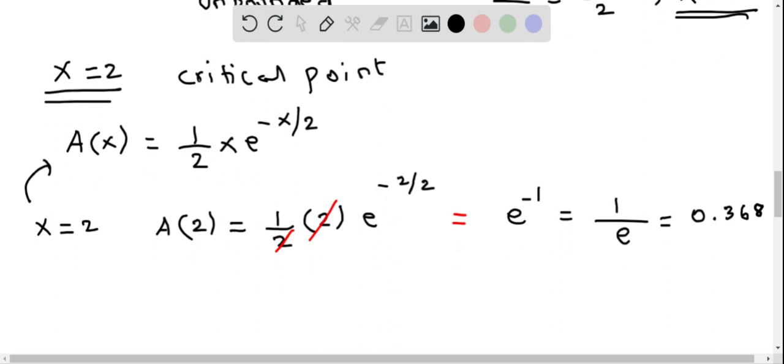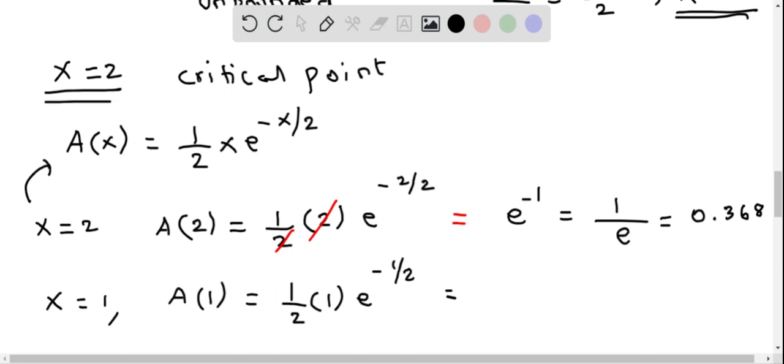Now we can also plug in the endpoints, that is x equal to 1 and x equal to 3. So when you plug in x equal to 1 into the area function, we get A of 1 is equal to 1 by 2 times 1, x is replaced as 1, e power minus 1 by 2.